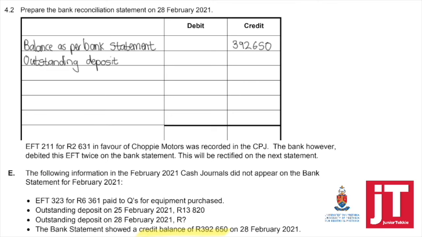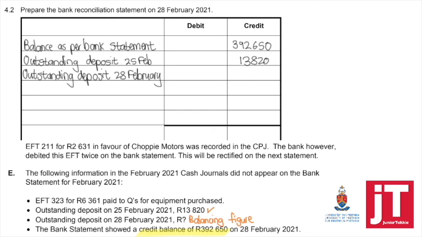So to start with, the outstanding deposit on 25th of February, 13,820, will appear on the credit side as it would on the bank statement. The outstanding deposit on 28th February will be the balancing figure. Next, outstanding EFT 323.